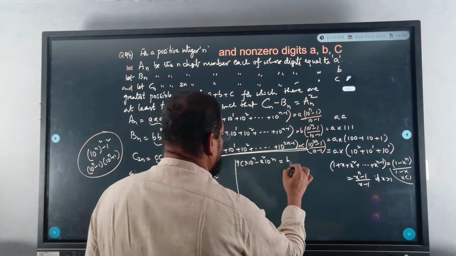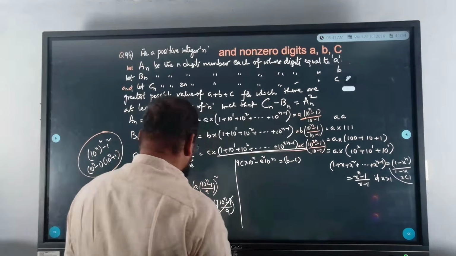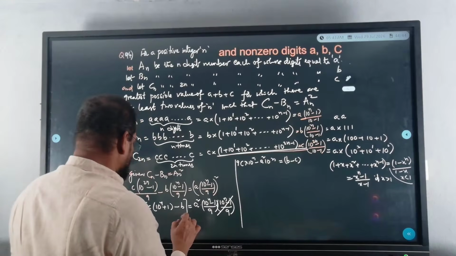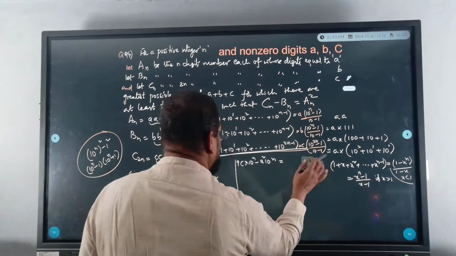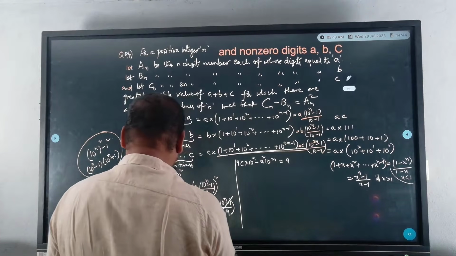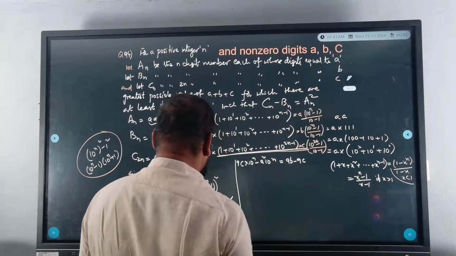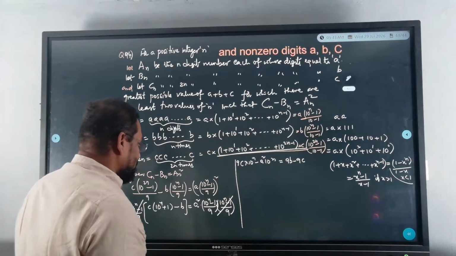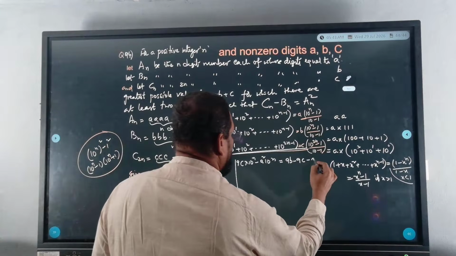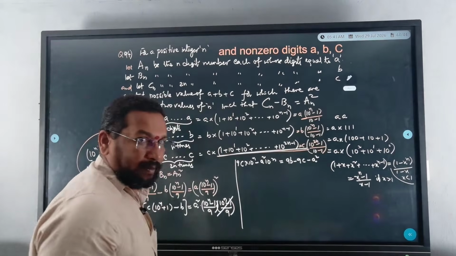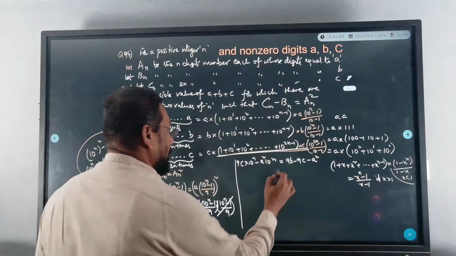On that side, b minus c, 9b minus 9c, because we have to multiply with 9, 9b minus 9c, minus a square.